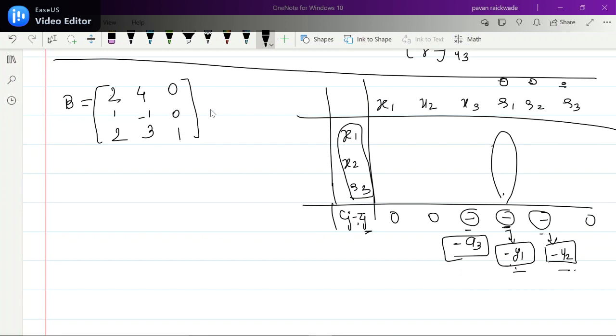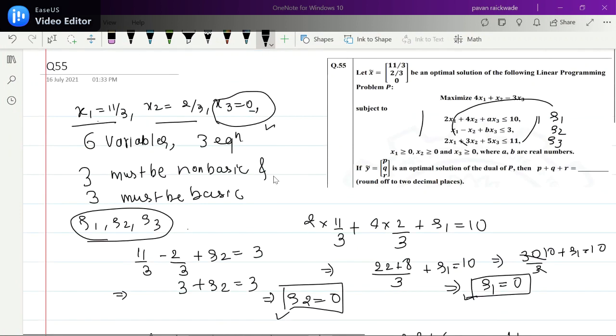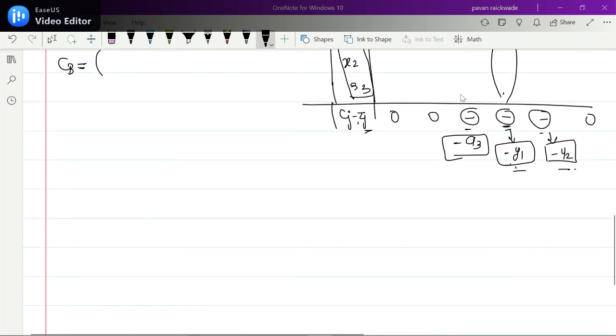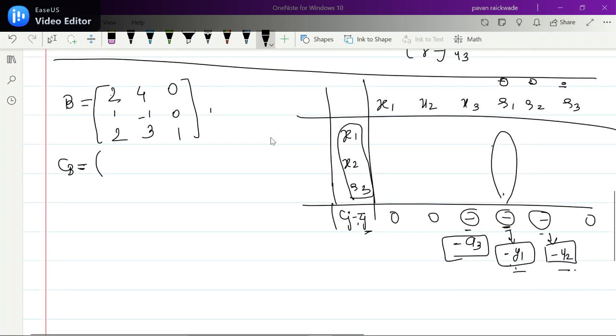So this will be my B matrix, and CB, the cost matrix for the basic variables, is the cost of x1, x2, S3 in the objective function, which is 4, 1, 0, because S3 is the slack variable.